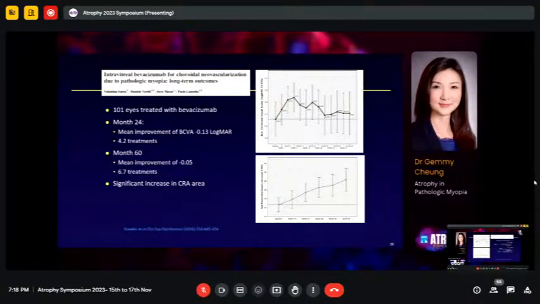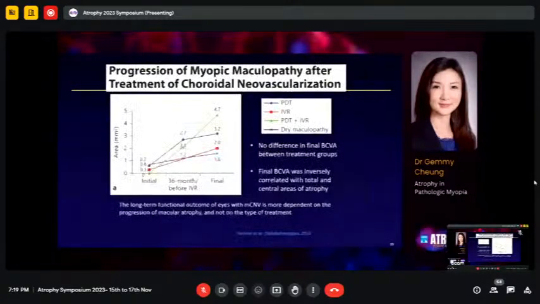regressed CNV. So luckily, we know that myopic CNVs don't need a lot of anti-VEGF therapy, so the risk of potential anti-VEGF therapy associated with the development of atrophy hopefully can be minimized. Here is another paper comparing the different modalities of therapy for myopic CNV.